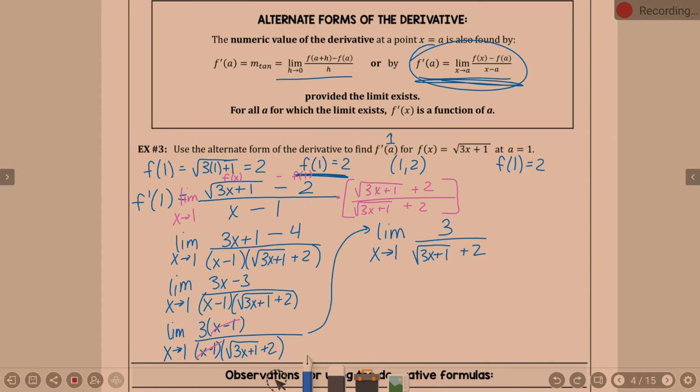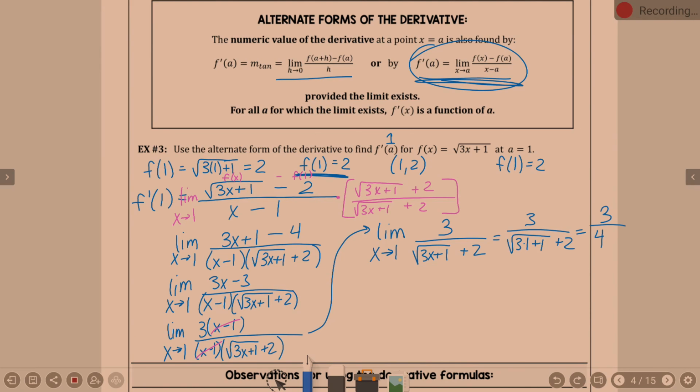To do that limit, we plug in, yes? So 3 over the square root of 3 times 1 plus 1, plus 2, which is 3 over 4. My quick math gave me 3 over 4; I wasn't looking at the answer key.